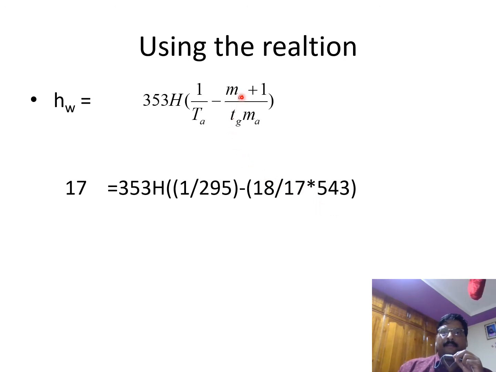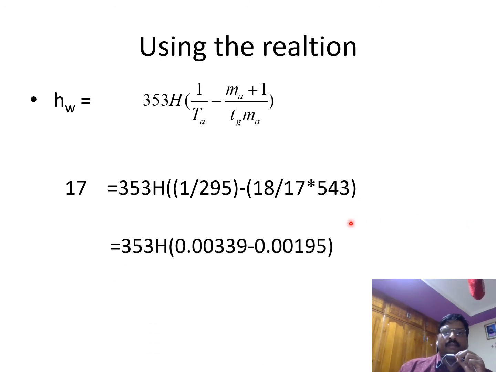MA is 17 kgs, so MA plus 1 is 18. Substituting that, we get the equation as 353 H into (1 by 295 minus 18 by 17 into 543). Now 1 by 295 is 0.00339, and 18 by 17 into 543 is 0.00195.